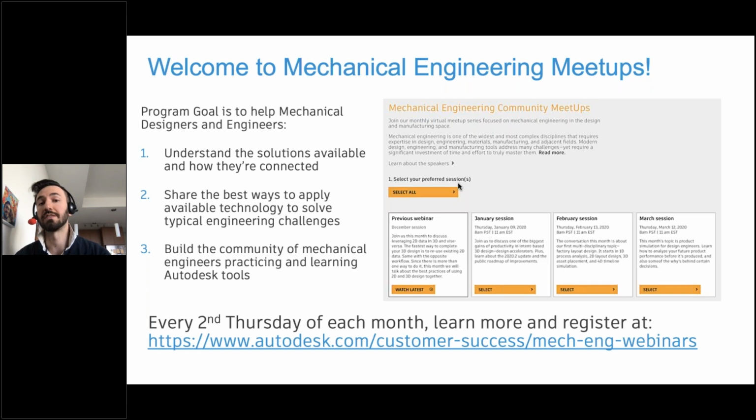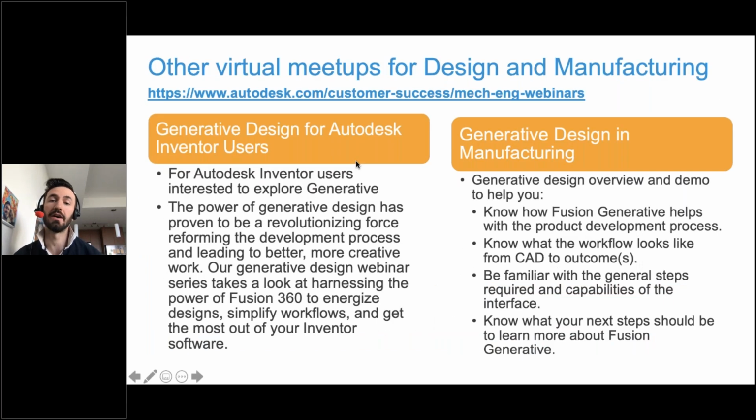And we always try to have somebody from the customer success organization and also from the product management team. It's a part of a larger initiative for mechanical engineers. The other webinar series that we have is generative design for manufacturing. And Michael happens to be the host of this webinar, so it's great to have him here today.